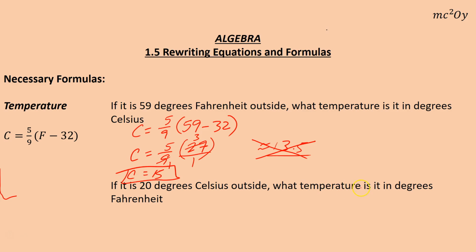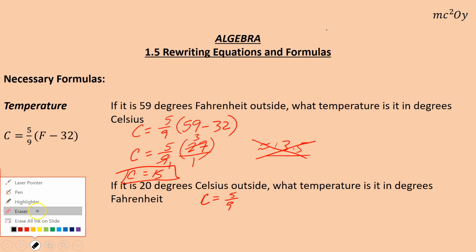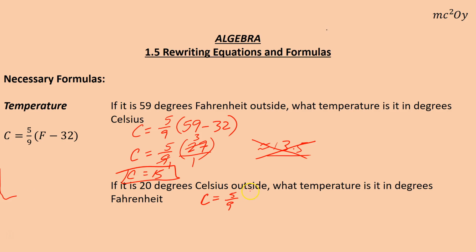If it's 20 degrees Celsius outside, what temperature would it be in Fahrenheit? Really, what you could do is take your Celsius equals 5/9 of F minus 32, and most people, unless you're doing some kind of program, will just plug in what you know, do some math, and get the answer. But in this case, 20 degrees Celsius. Since you're looking for Fahrenheit, maybe you want to solve this formula for Fahrenheit first.